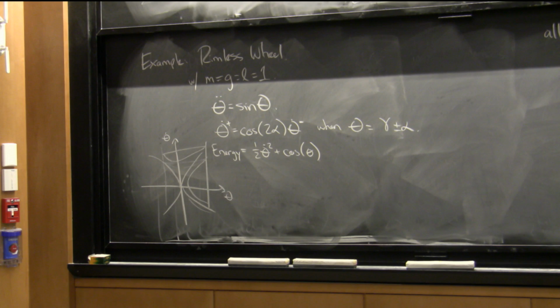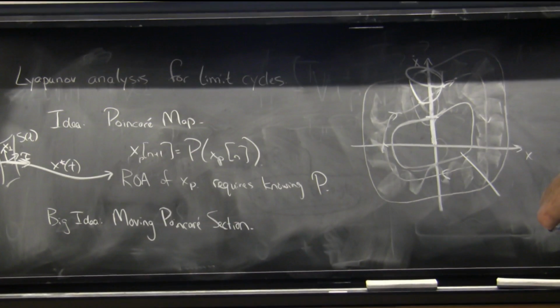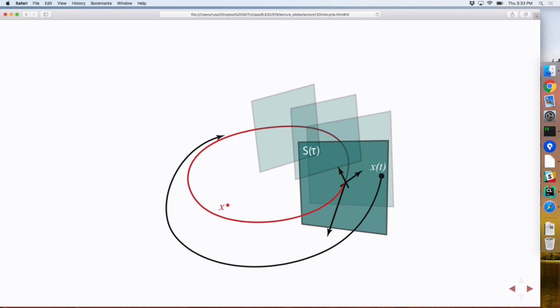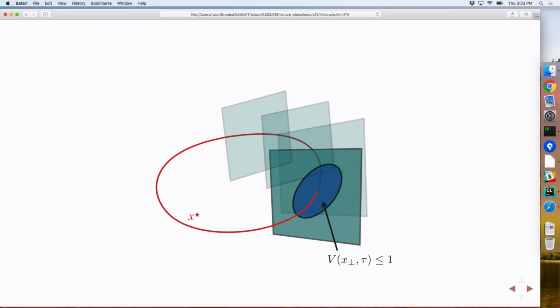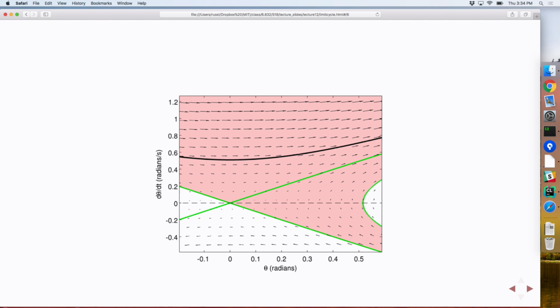I knew my chalk wouldn't do the job. So this is the slightly prettier version of that transverse picture. We're going to try to find regions on that transverse coordinate system that are my region of attraction, which will be defined as a level set of my Lyapunov function. For the van der Pol oscillator, you can do moving sections like that, but this is the rimless wheel.